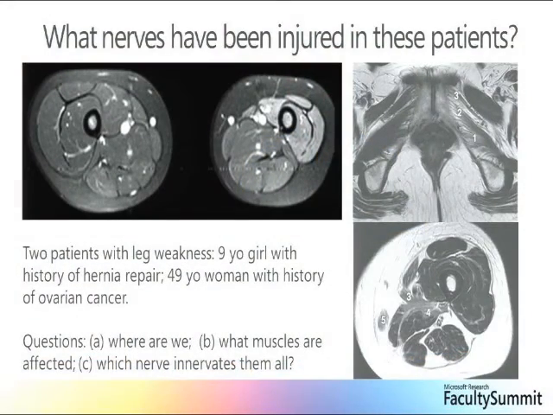So here's an example of the kinds of things that we were looking at. These happen to be MR examples. These are two different patients with leg weakness. This is a 9-year-old girl who developed weakness following hernia repair. If you look at the two legs, the left leg, this is the way radiologists talk, this is the left leg, not, as you might think, the right leg.